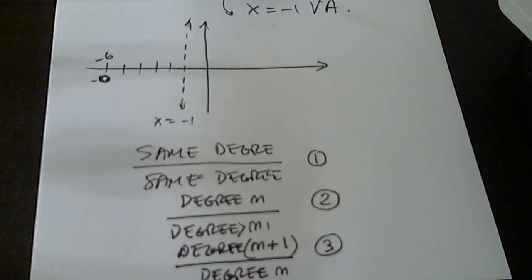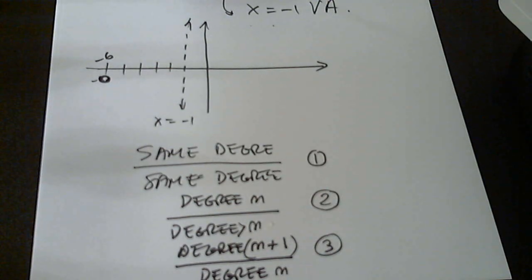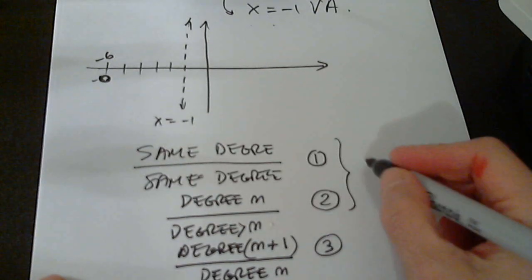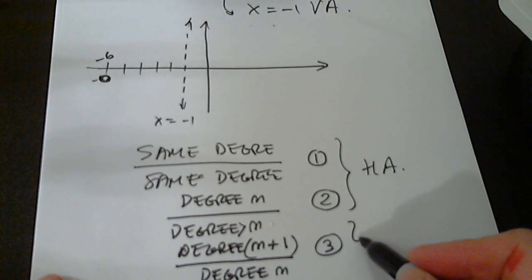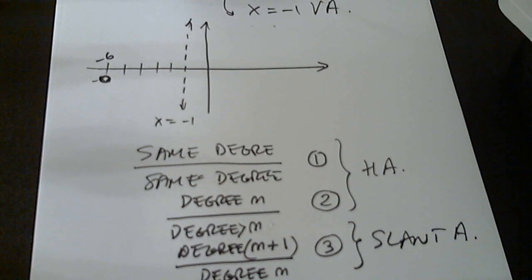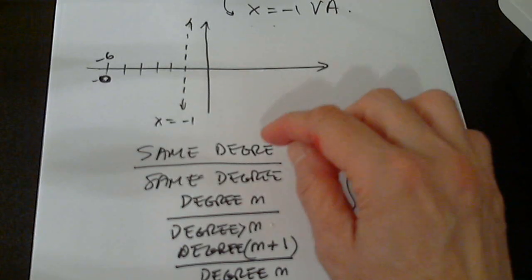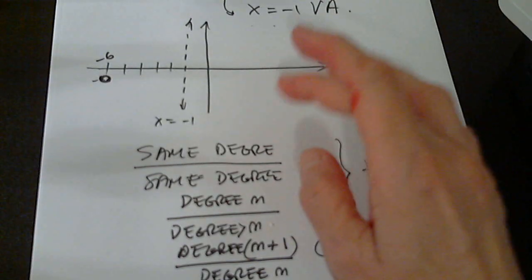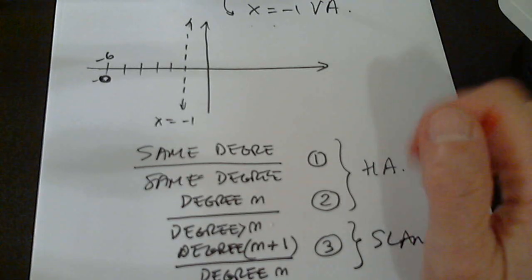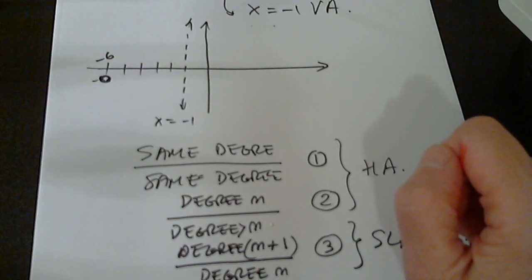So what am I saying here? The first one and the second one have horizontal asymptotes. The third one has slant. So if I have a rational function with degree 2 over degree 2, degree 3 over degree 3, degree 1 over degree 1, it will have a horizontal asymptote.